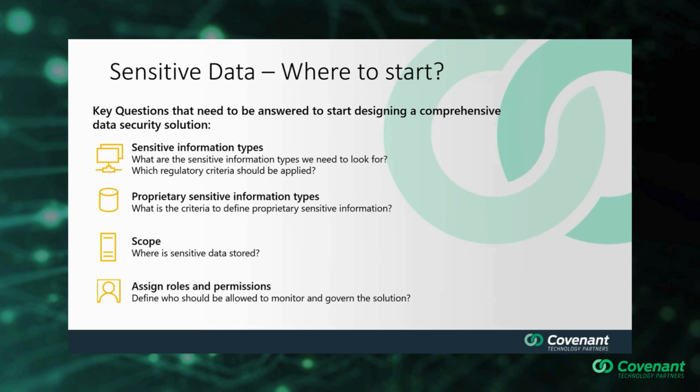Regulatory criteria is a great place to start. And with that being defined, another challenge is around proprietary sensitive information types. So those may require custom solutions in order to properly identify and classify data that is specific to your organization.